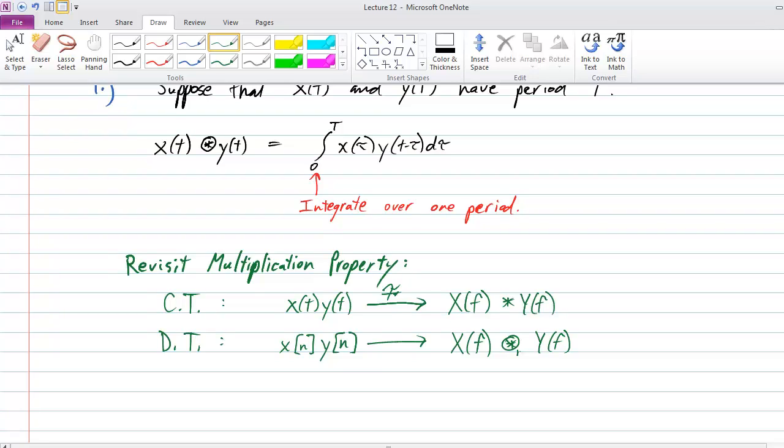Now, I'm not going to explain why this is true. You know, for this one, we could get it straight from duality. We already knew that convolution in time was multiplication in frequency. We have a very nice duality property. Duality for discrete time is a little bit different. Maybe some of you have thought about that because that was in one of the problem sets. And so we won't justify exactly why this is true.